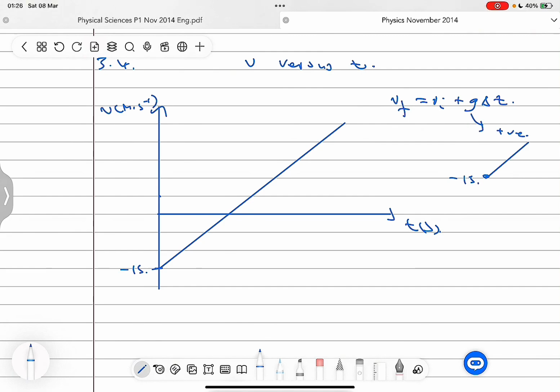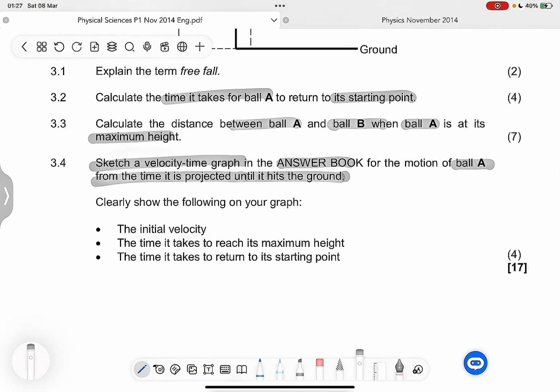Now, the other aspects can be constructed on the graph, because we know that this part of the motion represents when the graph is going up, right? Because it reduces its velocity until it gets to a velocity of 0 here, when the time at the maximum height is actually defined as 1.53 seconds.